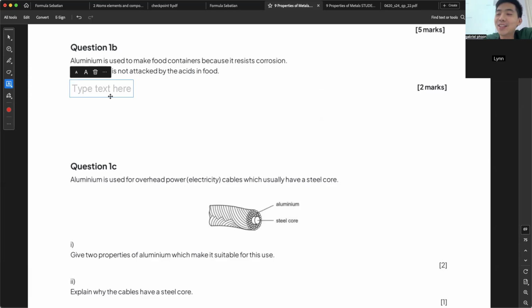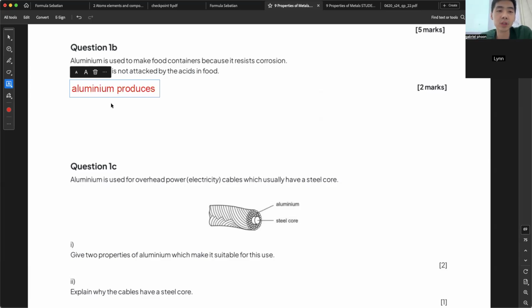Okay, good. Right, so aluminium oxide. Aluminium is generally used for food containers, guys. Actually, I don't know what to say for this one. What should you even say? Aluminium produces a protective layer that does not react with the food.